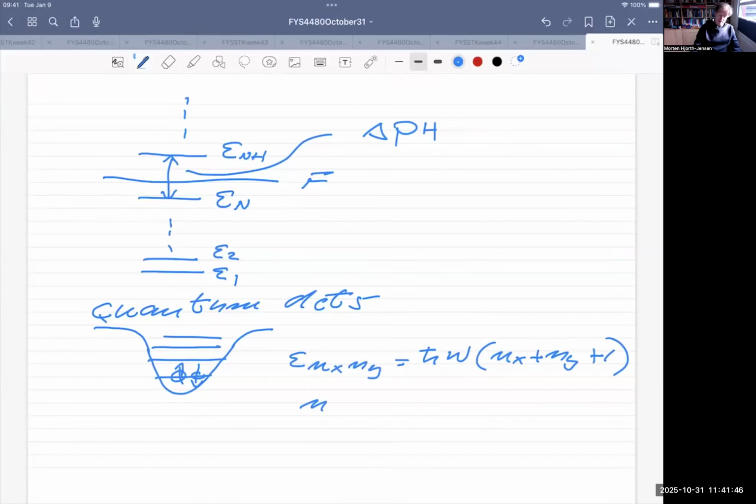And nx and ny take values like 0, 1, 2, etc. to infinity, if it is a harmonic oscillator. The interesting thing with this type of system is that if you have 2 particles, then clearly you could define the Fermi level to be represented by all states beyond the first lowest lying state in the harmonic oscillator.